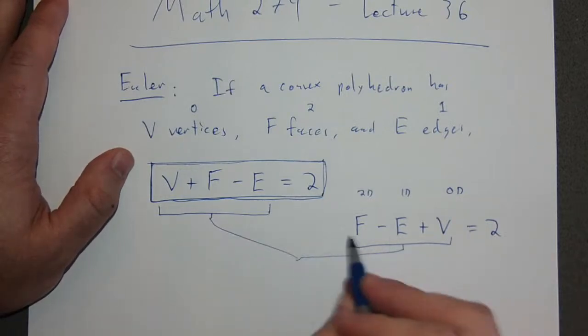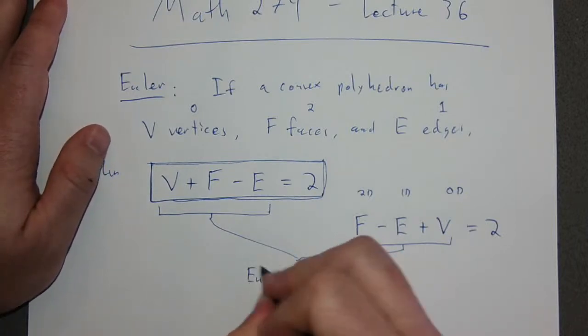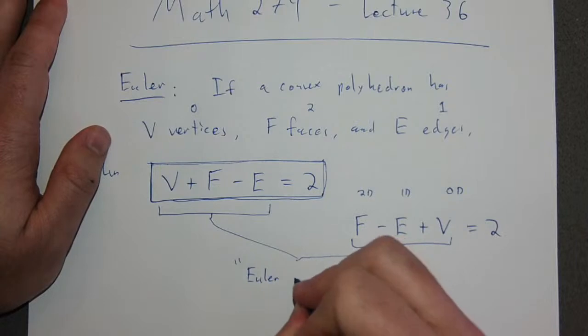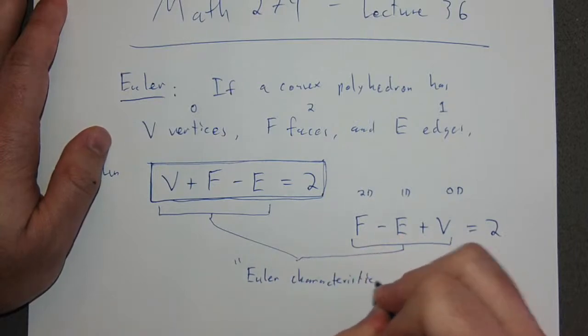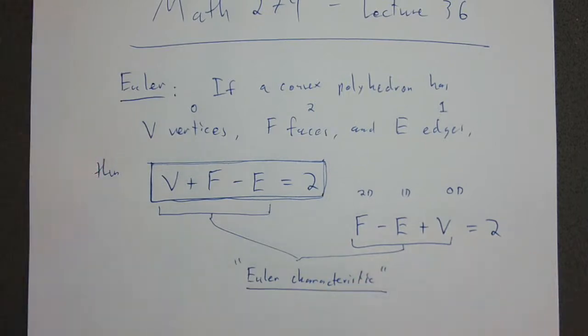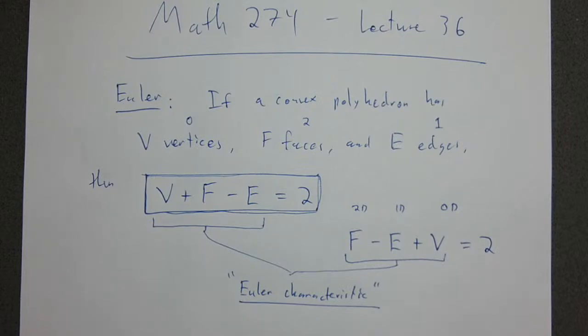What is this thing that's being computed? It's something called the Euler characteristic. This Euler characteristic is an extremely important quantity.